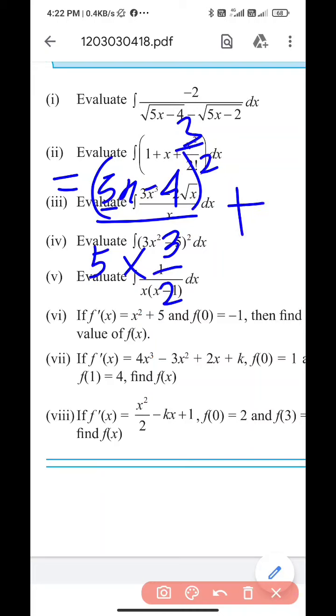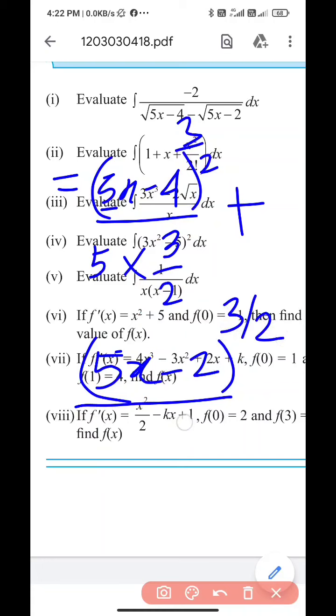plus 5x minus 2 raised to 3 by 2 divided by 3 by 2 into 5.